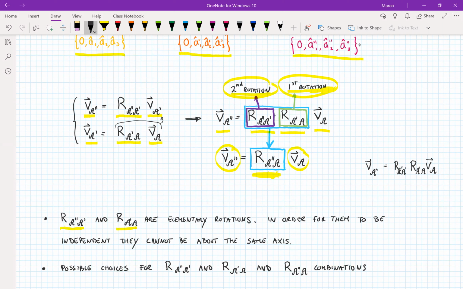So the way you want to read these expressions is from right to left. You start from the very right, V in the A coordinates. We change from A to A prime with the first rotation, then we apply a second rotation from A prime to A double prime. And this whole thing gives us the coordinates of the vector in the A double prime reference frame.